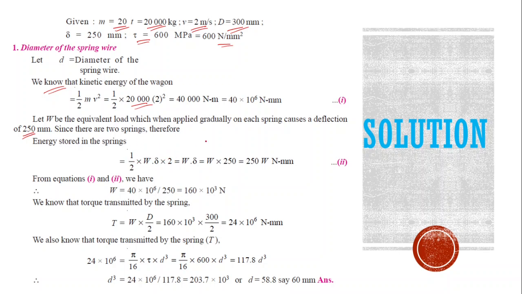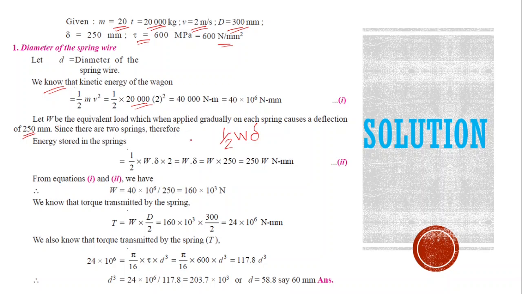Energy stored means half into W into delta. This is the energy stored in the spring during the deflection when we apply the equivalent load, capital W.